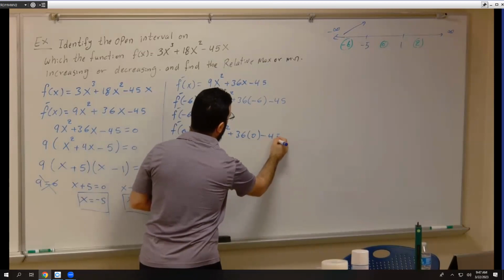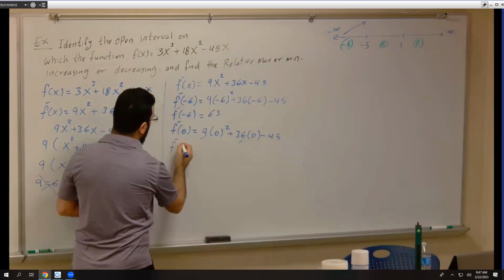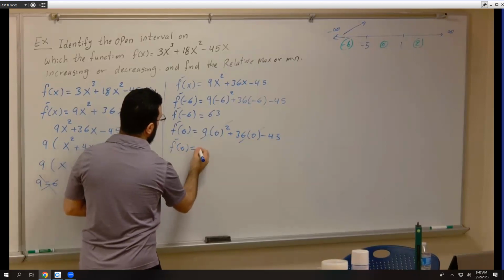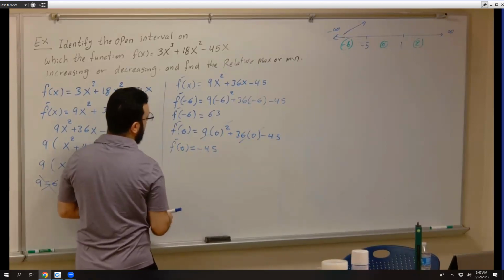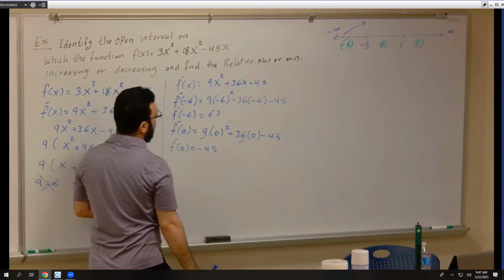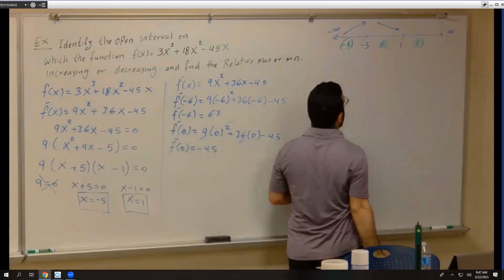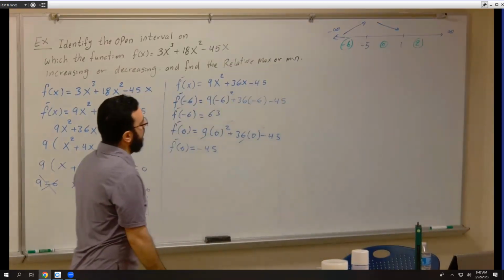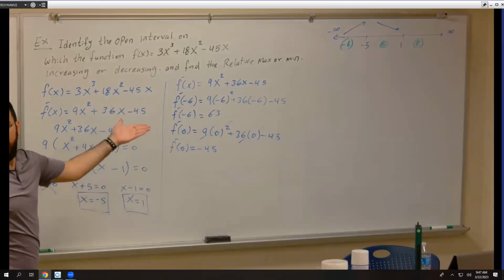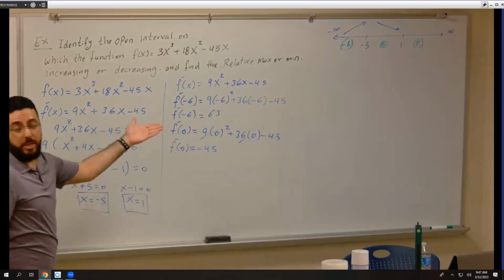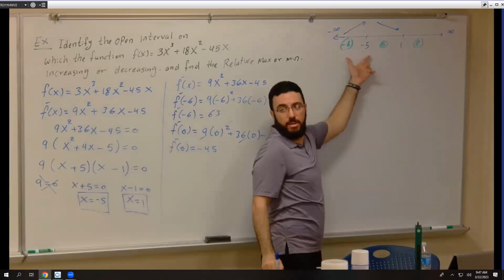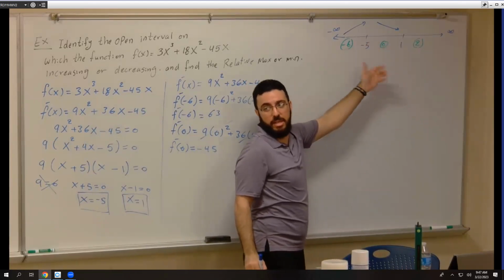That means f prime of 0 is -45. So in this case, this one decreases. So you can tell this is a relative max: increasing, then decreasing.